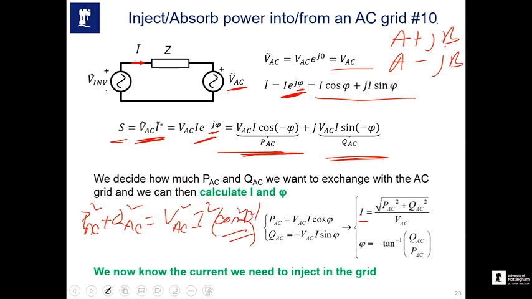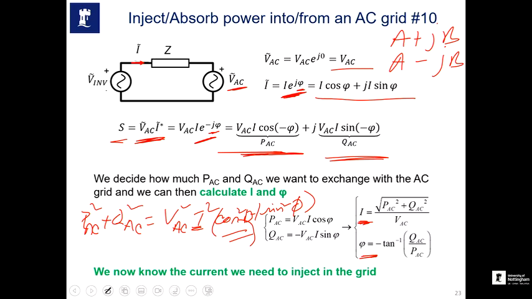Cos squared phi plus sin squared phi, that's basically 1, which means to calculate I, we get the VAC squared on the left hand side, square root it, we get the value of I. And finally, if you divide the two equations, QAC divided by PAC, that gives you tan phi, and from that you get the formula for phi.